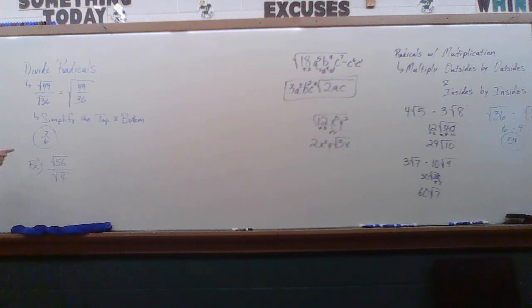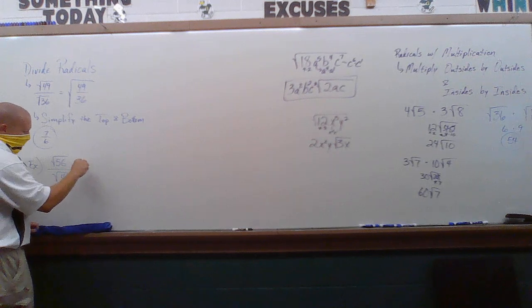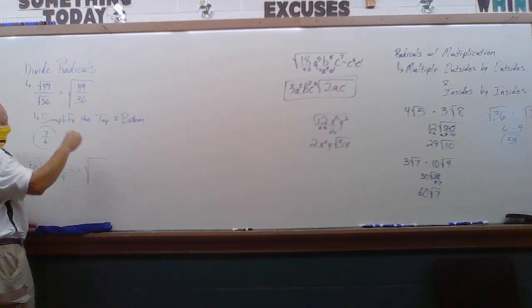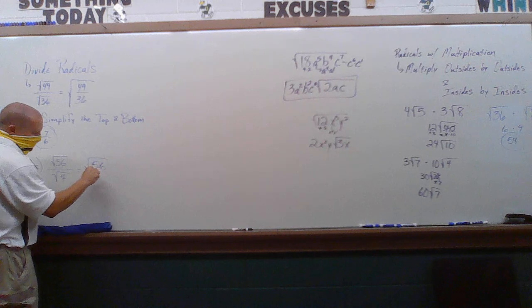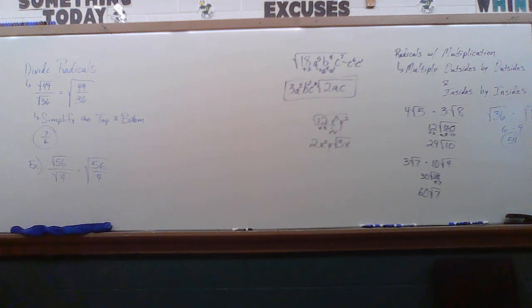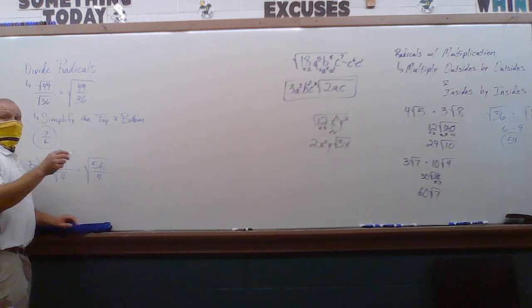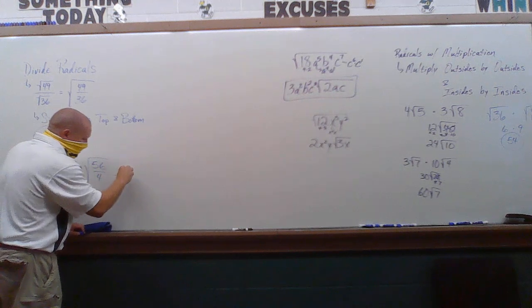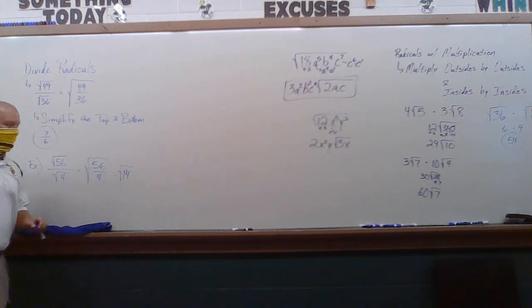But before I do the square root of 4, maybe I look at the two numbers and I rewrite the problem with one giant radical like we did up here. And can I take 56 divided by 4? What's 56 divided by 4? 14, right? So now, if I divide underneath there, I'm going to leave it underneath the radical.